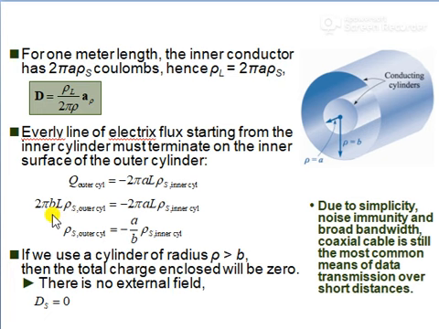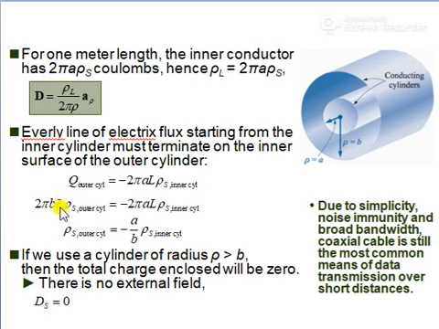Now 2 pi B L rho s of the outer cylinder is nothing but minus 2 pi A L rho s of the inner cylinder. This is the charge enclosed on the outer cylinder, and this is the charge enclosed in the inner cylinder. Therefore rho s of the outer cylinder is equal to minus A by B times rho s of the inner cylinder.